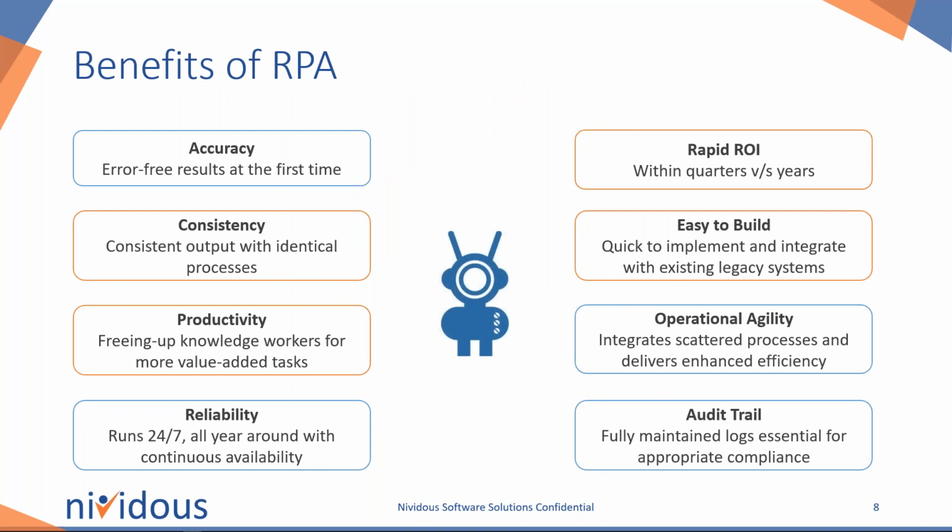We talked through some of these already, but some of the other benefits of RPA are accuracy. You don't have the problem of human error because you have a computer bot doing the job. As long as they were trained properly, they will do things the same way and the correct way every single time. They're also going to be very consistent.